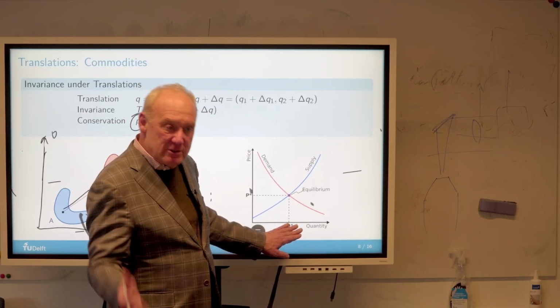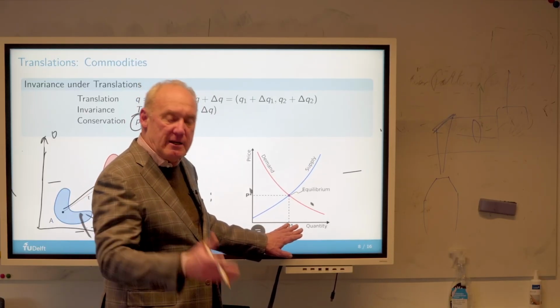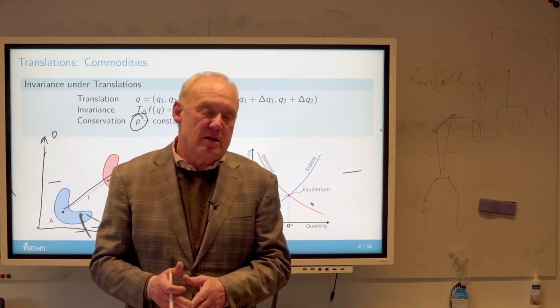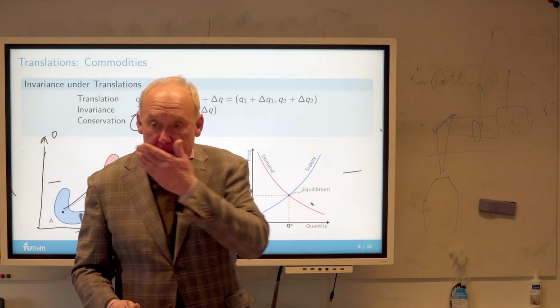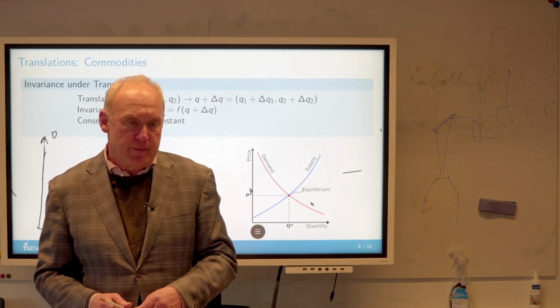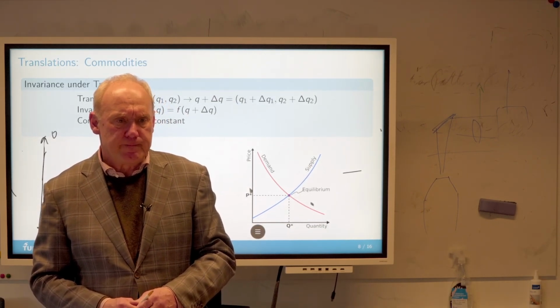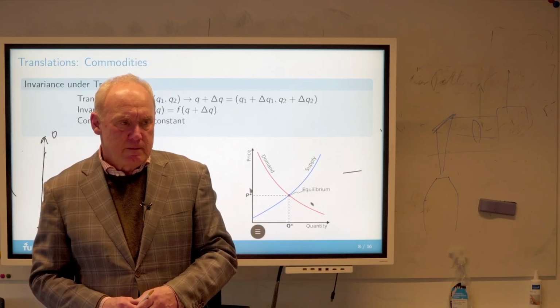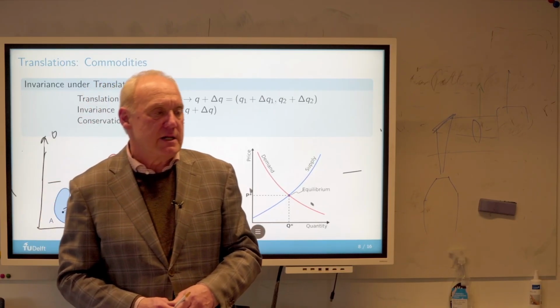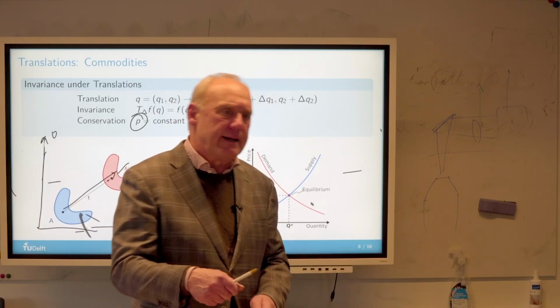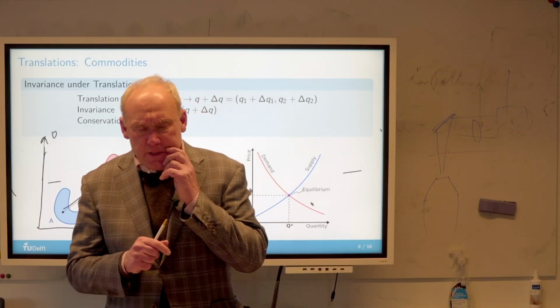You just look at this moment and you say, this determines the price. The price is not determined by how much has been bought and consumed beforehand. If it does, then there's something you haven't modeled. You've got to add that in the model. That's the right thing to do.